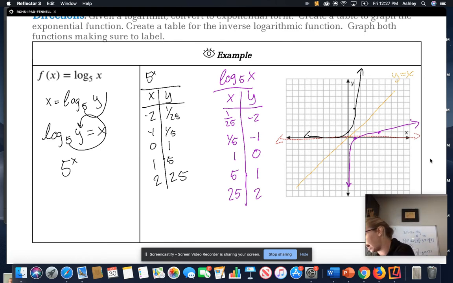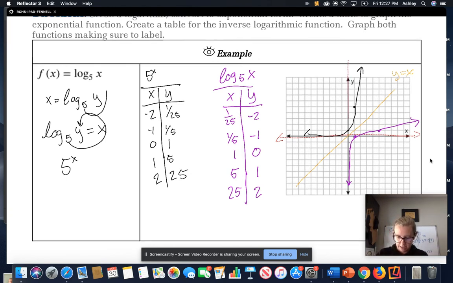So this vertical asymptote is going to be at x equals 0. So we have an x equals 0 vertical asymptote for our logarithmic function. We have y equals 0 for our horizontal asymptote on our exponential function. So these asymptotes are going to also switch, right? So logarithmic will have a vertical asymptote. Exponential will have a horizontal asymptote.